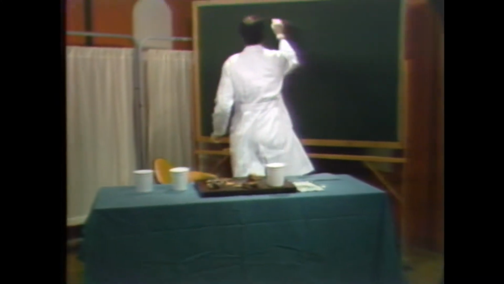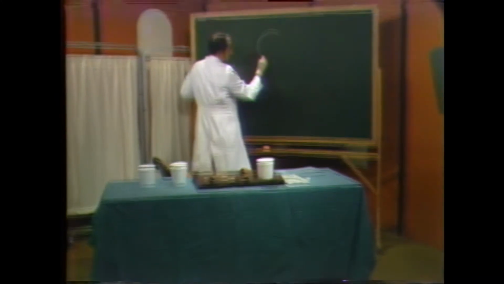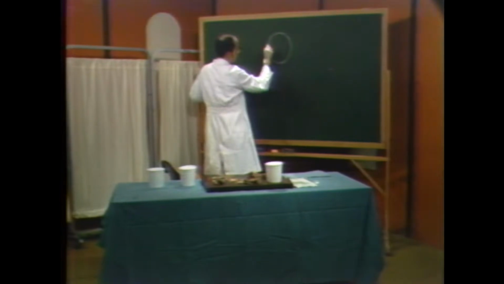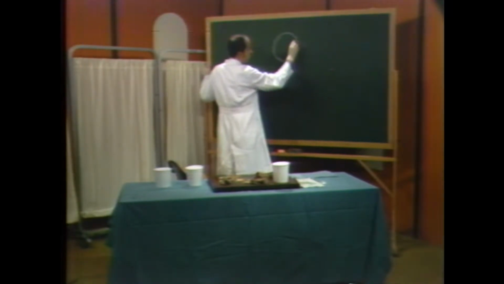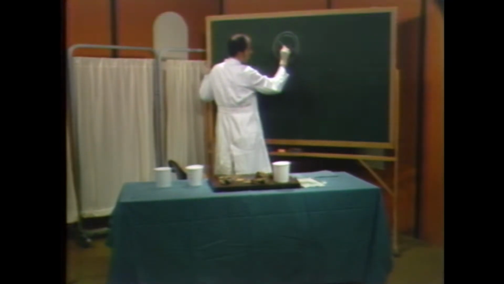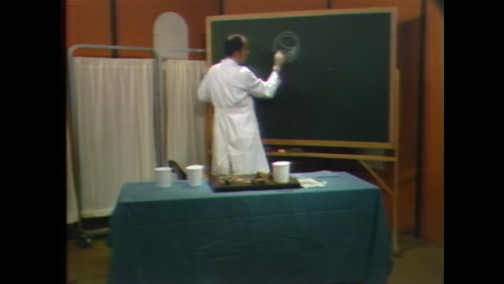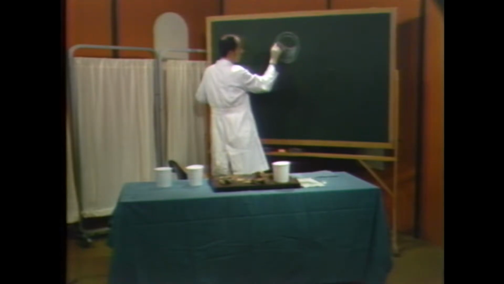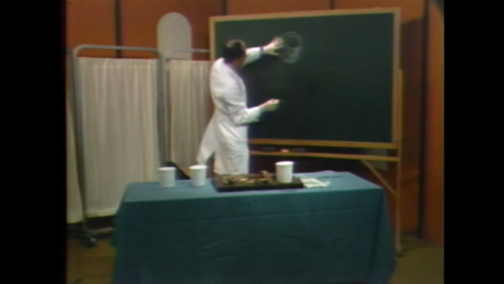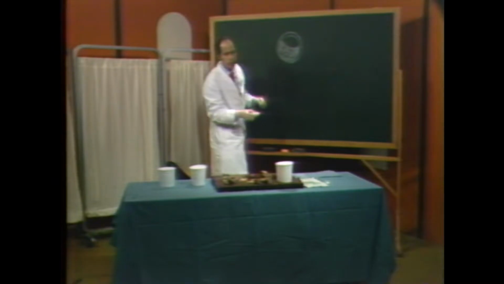For example, if this be the coronary artery and this the medial wall, the atherosclerotic plaque shown here in white is like that, so that the residual lumen is eccentrically located.